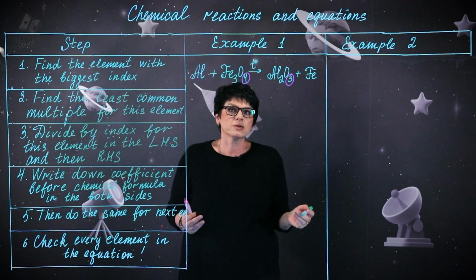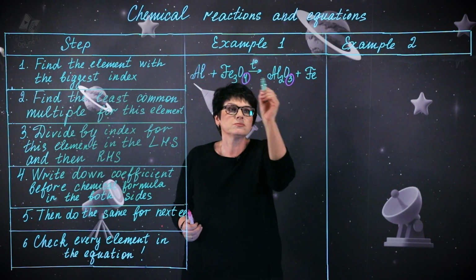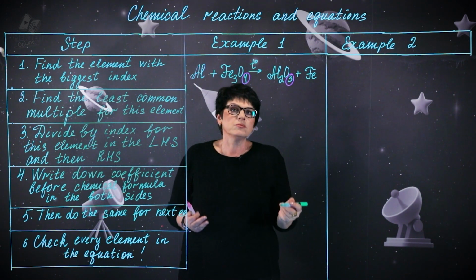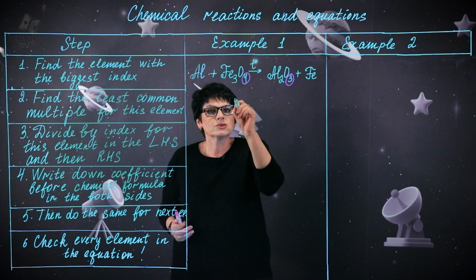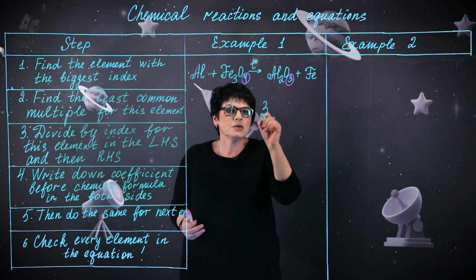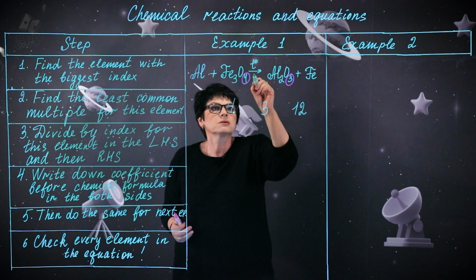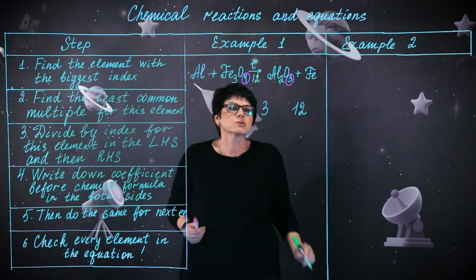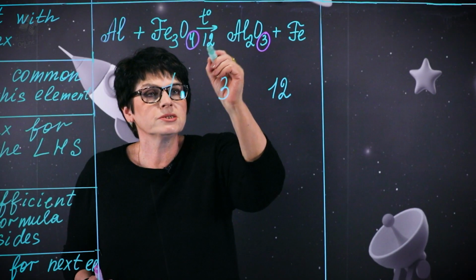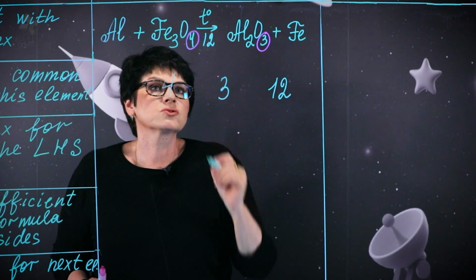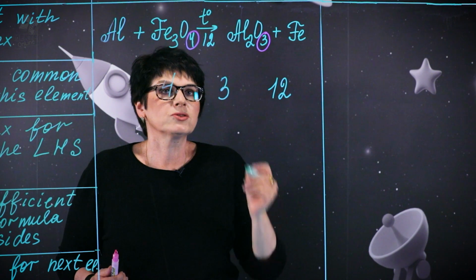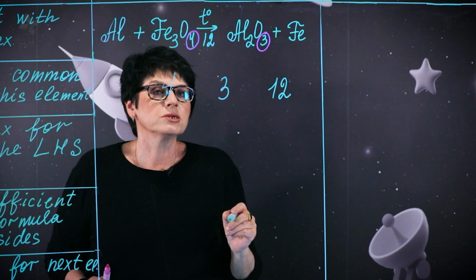Next, we need to find the least common multiple of 4 and 3 for oxygen. Between the numbers 4 and 3, the smallest multiple will obviously be 12. We write this at the bottom, in this case 12. We write it at the bottom because we have temperature conditions for this reaction on top.